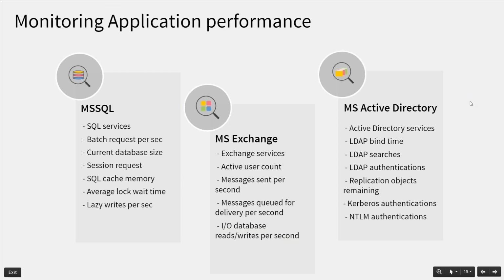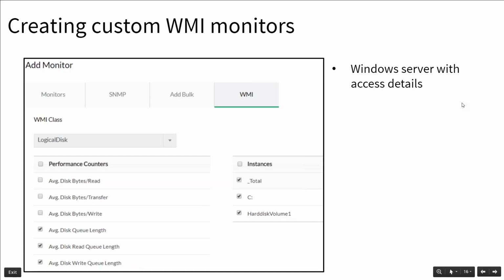Moving on to the next, which is about creating custom WMI monitors. So far we have seen the types of monitors we have for different types of devices or servers. Now let's talk about WMI monitors. For a Windows machine, we predominantly suggest monitoring it with the help of the WMI protocol. Each and every monitor, say CPU, memory, or any disk, can be monitored with the help of WMI monitors.